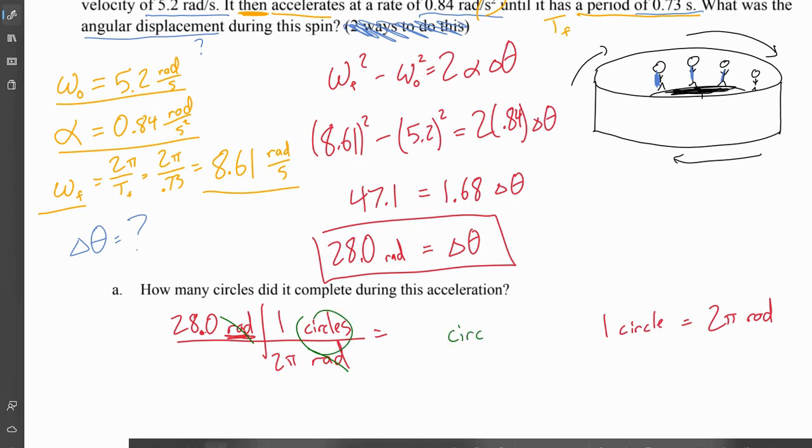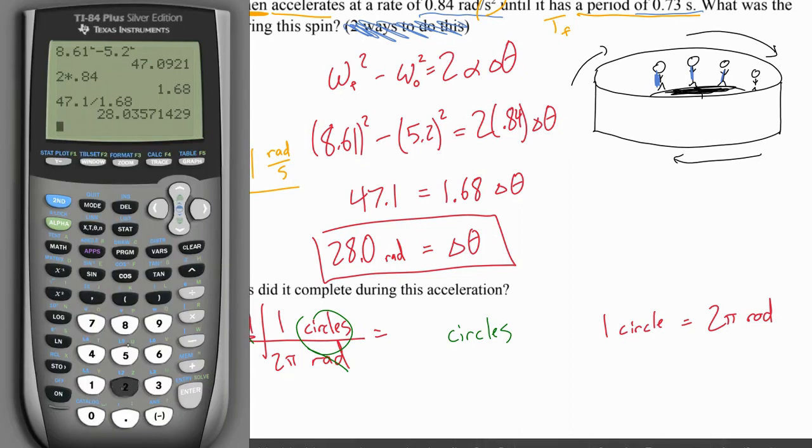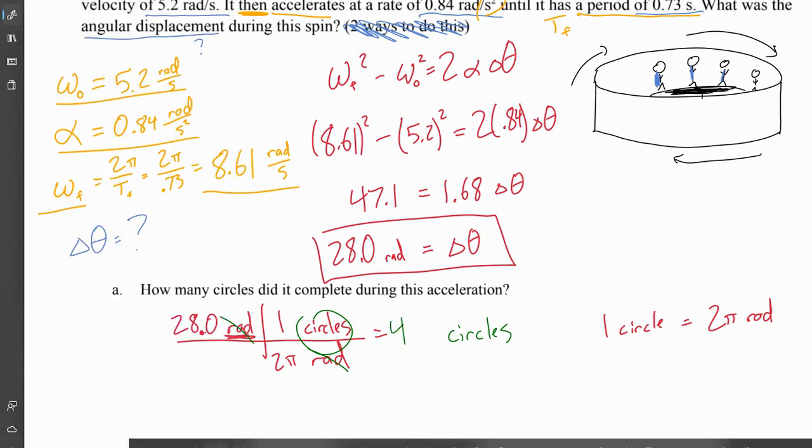So how many circles do we have left? 28 over 2 pi. Oh, I did it myself. 28 over 2 pi, right? That gave us 4.46 circles. 4.46 circles is how many circles it completed.